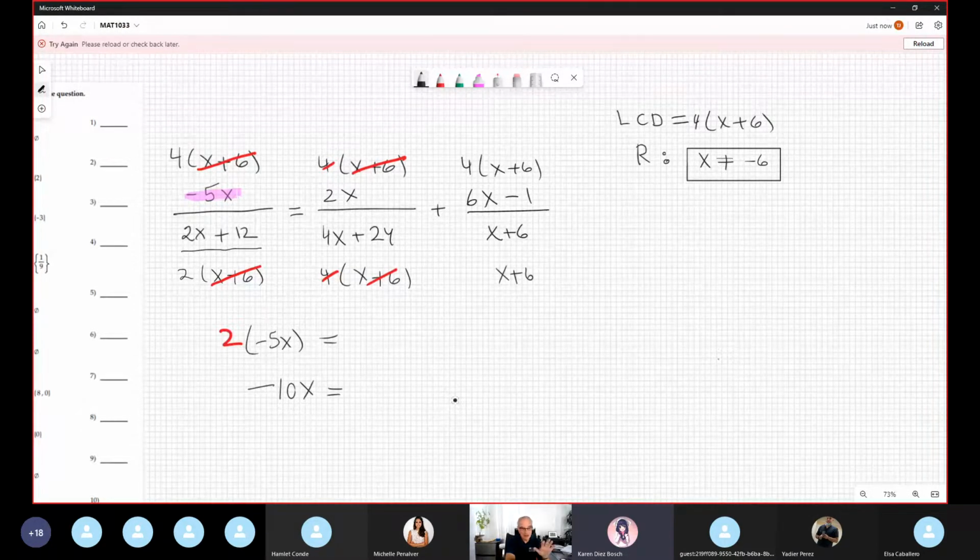Bueno, I did the first. Everyone agrees it is minus 10x because 4 divided by 2 is 2, and 2 times negative 5 is negative 10x. The second, everything is cancelled. The first one on the right-hand side, everything is cancelled and stays 2x, no?